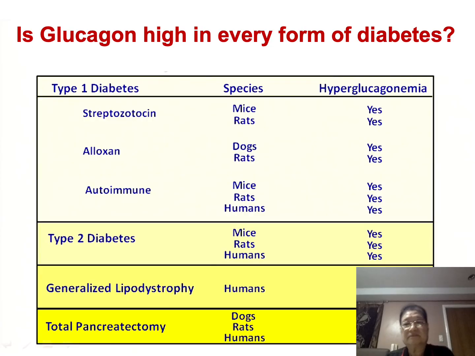Now, in fact, in every species and any form of diabetes, whether it's chemically induced by the use of alloxan, immune mediated or autoimmune, in type 2 DM, in generalized lipodystrophy, and even in total pancreatectomy, there is hyperglucagonemia.